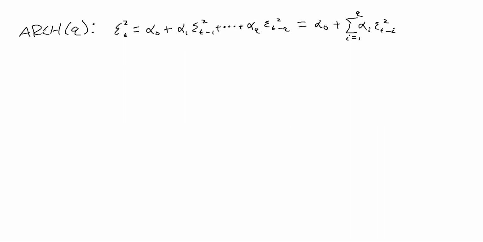And in the ARCH model, remember the expected value. In the ARCH model, the expected value of our error squared is going to be equal to the variance of our error term. It's going to be equal to sigma squared, or sigma squared t.